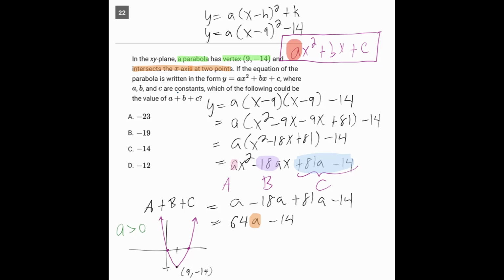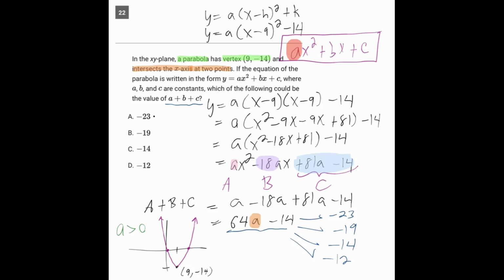And the question is asking us, which of these answer choices can a plus b plus c, which is what we have right here, be equal to? Can it be equal to -23, -19, -14, and negative 12? And let's just do the math on a couple of those to find out.